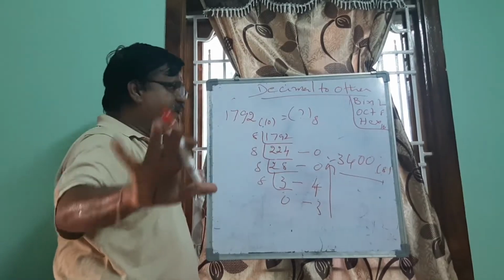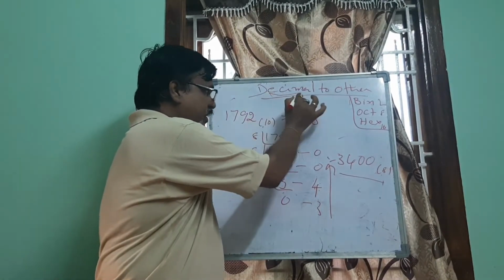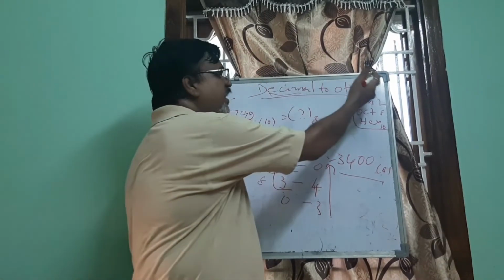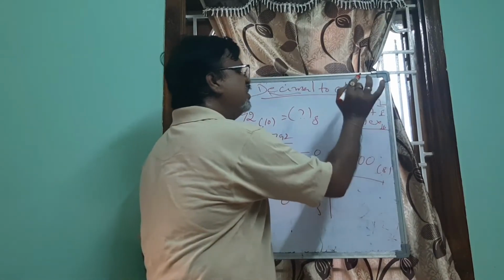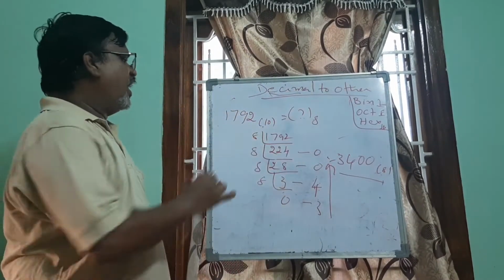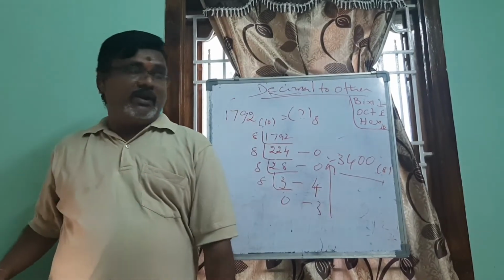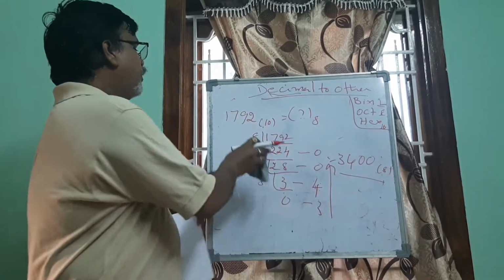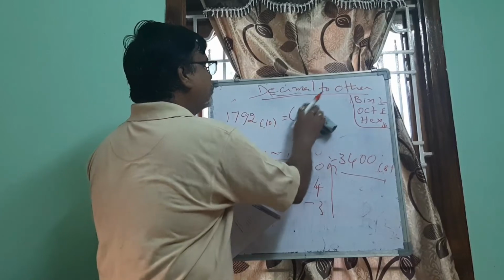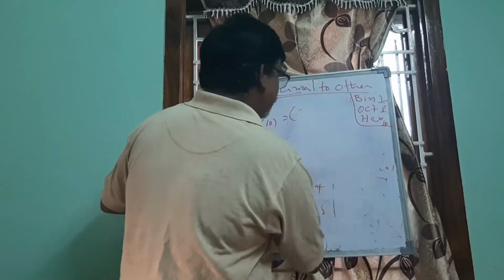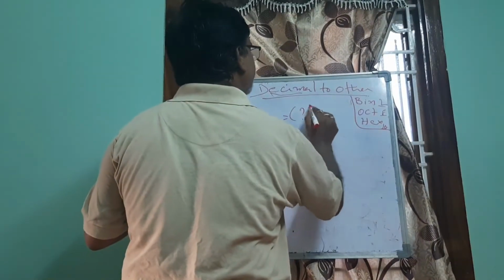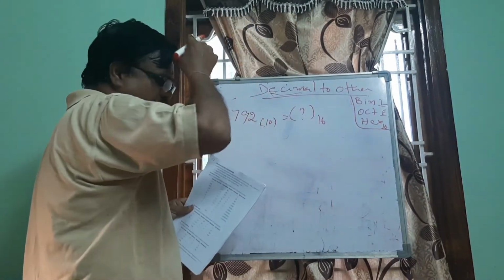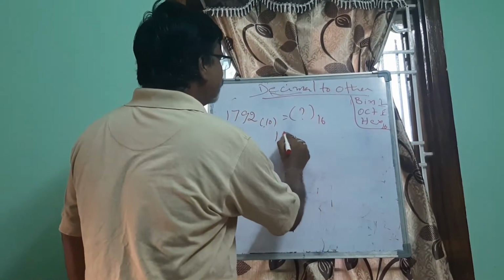As I told you, I am repeating again, any decimal number you want to convert to any other system, you have to divide with that base. So you take the same example, 1792 decimal number, to convert that into hexadecimal. So I told you, you have to divide with 16.